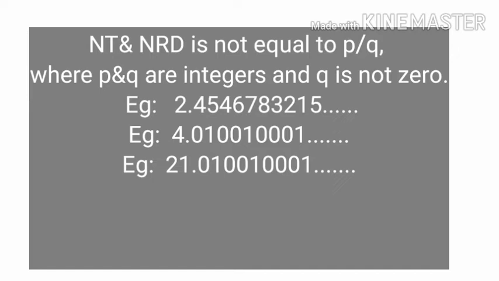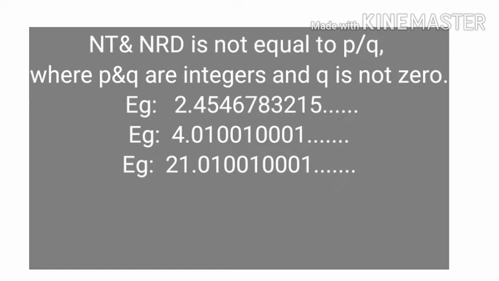Look at the second example. 4.010010001... This is also an example for a non-terminating and non-repeating decimal, because in the decimal part there are many digits which are infinite, and no single digit or a group of digits is repeating here. Okay?